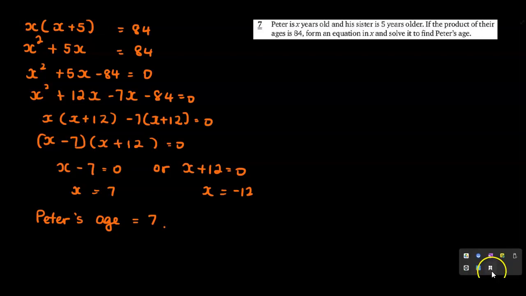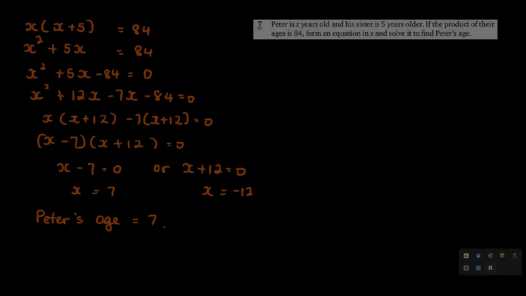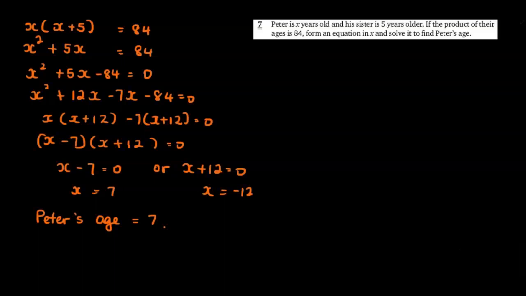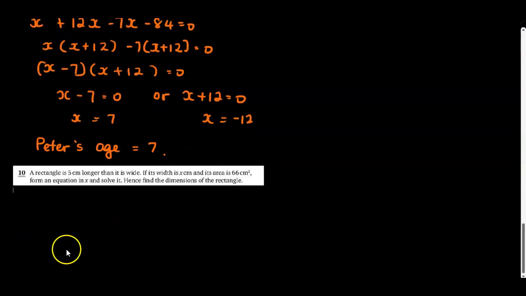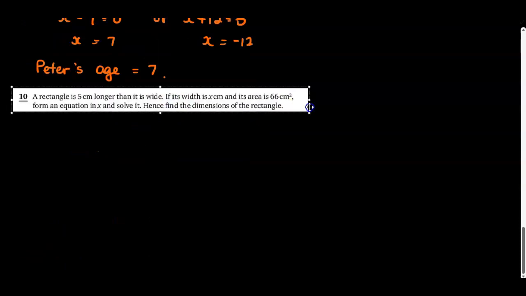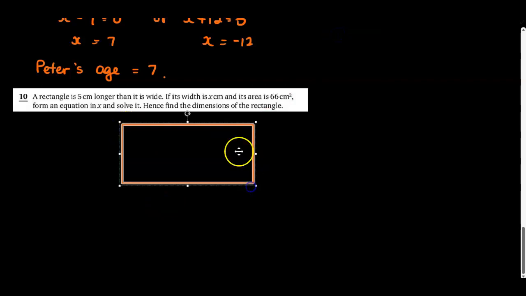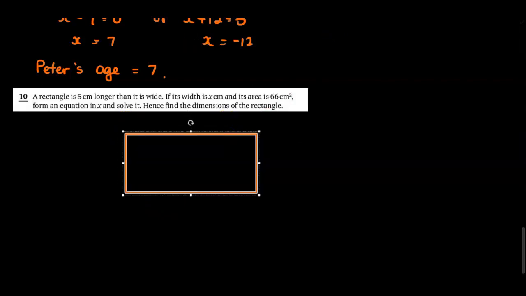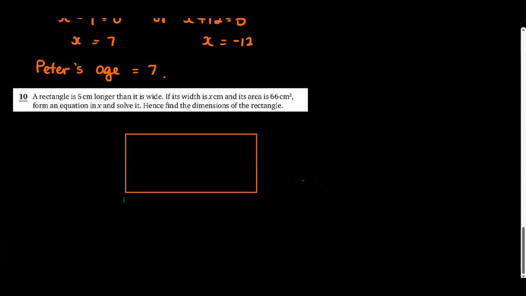And one more example of a worded question. Let's look at question 10. Okay, you have a rectangle, so let's draw a rectangle. A rectangle is 5 centimeters longer than it is wide.